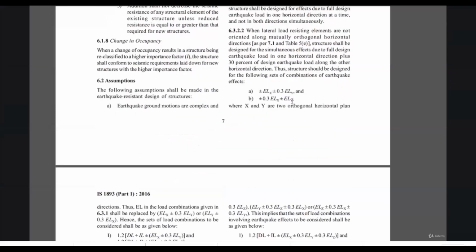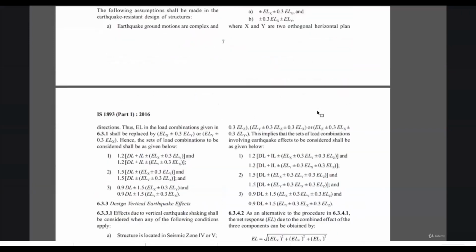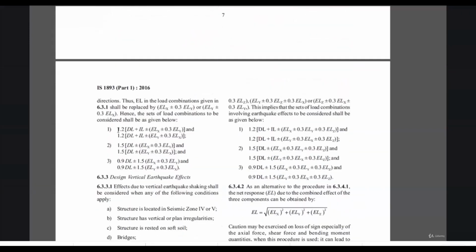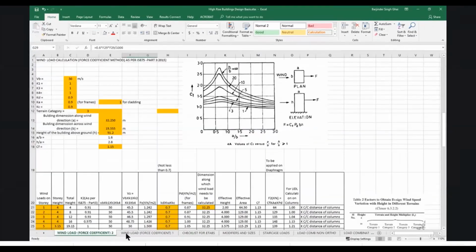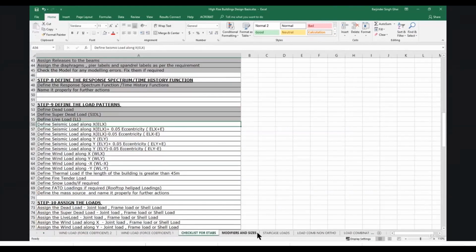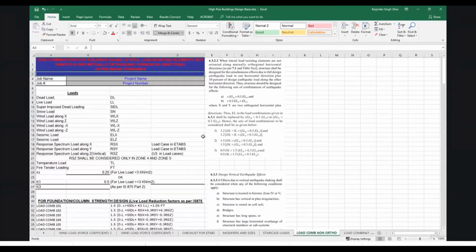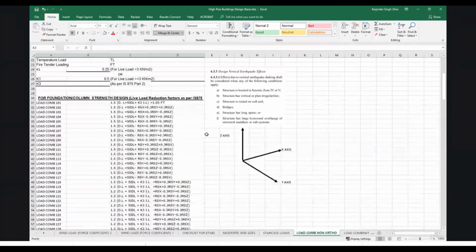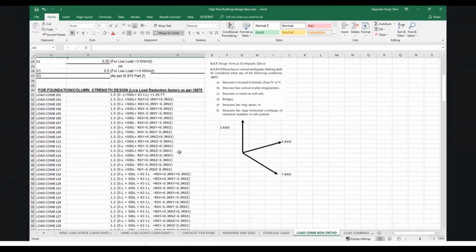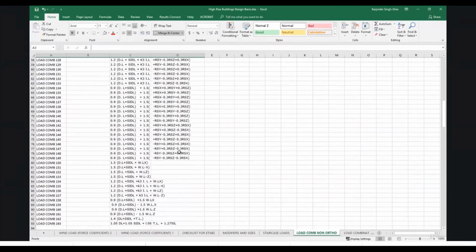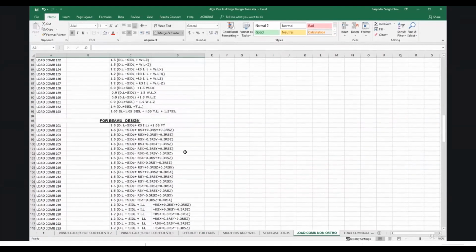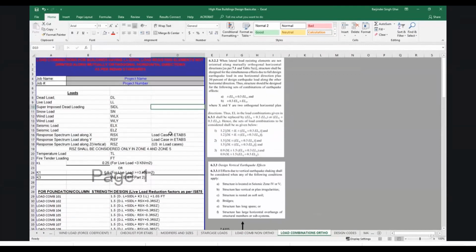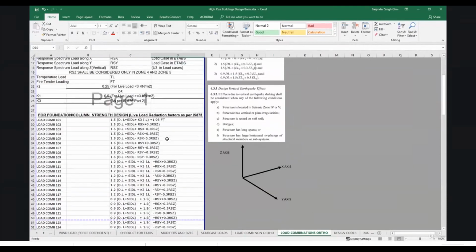Here x and y are the two orthogonal horizontal plan directions. So this is the load combination that shall be considered for non-orthogonal buildings, which I have also enclosed in this Excel file. I have prepared a list of all the load combinations that need to be used when the building is non-orthogonal, and this is the load combinations for a building that is orthogonal to the x and y axes.